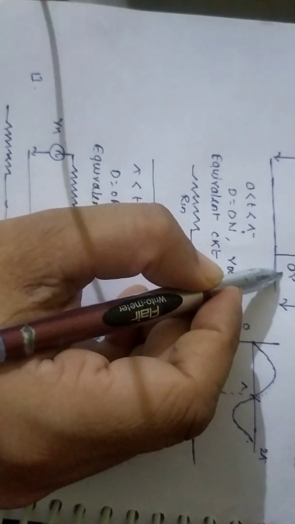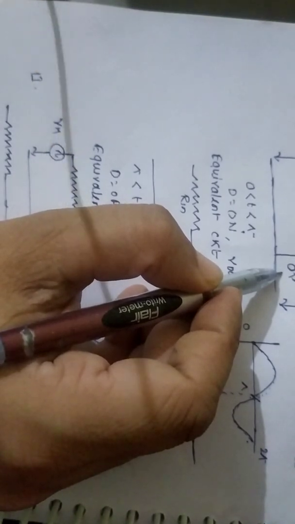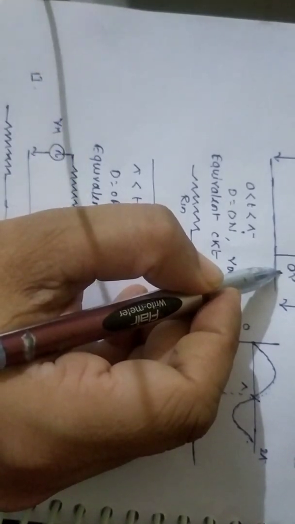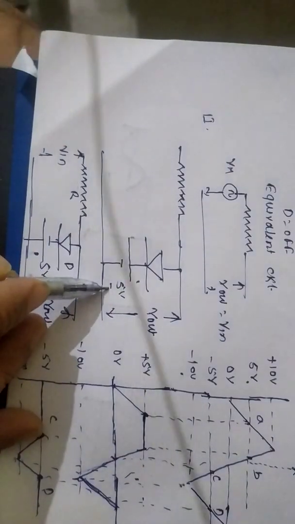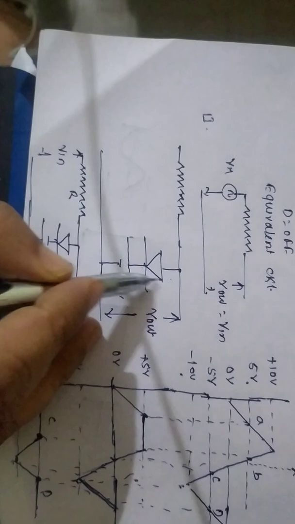If no battery is connected, the clipping is going to take place about 0 volt. If a battery of plus 5 volt is connected with the diode, any input voltage beyond this 5 volt is going to be clipped by this circuit. Here if you apply 6 volt, 7 volt, 8 volt, 9 volt, 10 volt, the diode is always in the on state and we have to replace it by short circuit.